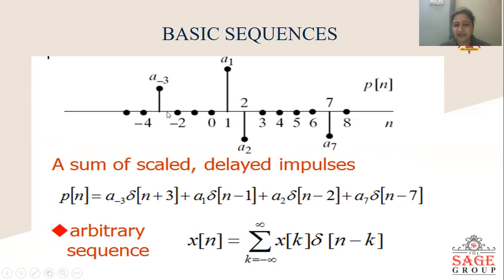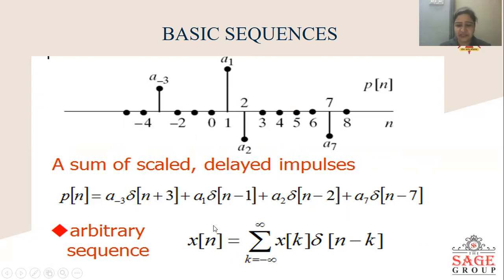Now on the negative side of n, we can see that we have a value at n equal to minus 3, whereas the values at minus 1, minus 2, minus 4 are 0. So for this sample, we will write a minus 3 delta n plus 3, where delta n plus 3 represents an impulse which is shifted to n equal to minus 3.